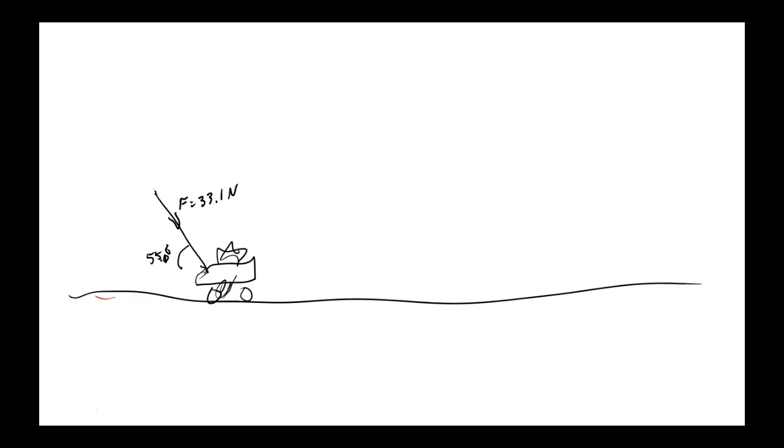Sonia, who is shorter, pushes at a constant force of 23.2 newtons on the handle at 35 degrees. So here's Sonia's mower over here, okay? And she's pushing at an angle of 35.0 degrees.